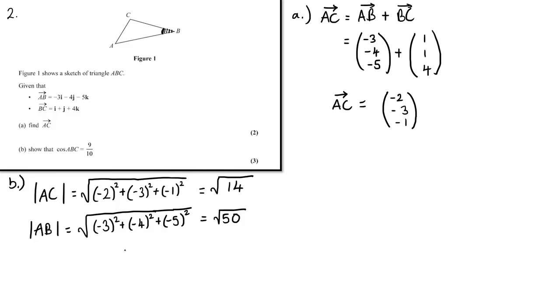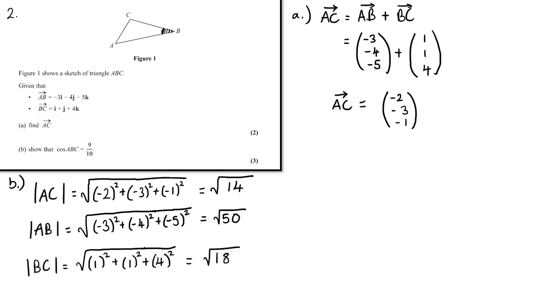And then finally, we also need the magnitude of the vector BC. So the magnitude of BC in this case is equal to the square root of 1 squared plus 1 squared again plus 4 squared. And if we evaluate this, we're going to get 2 plus 16, giving us the square root of 18.